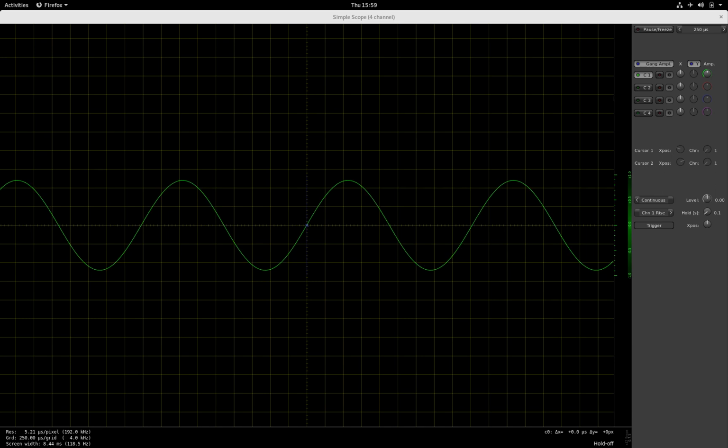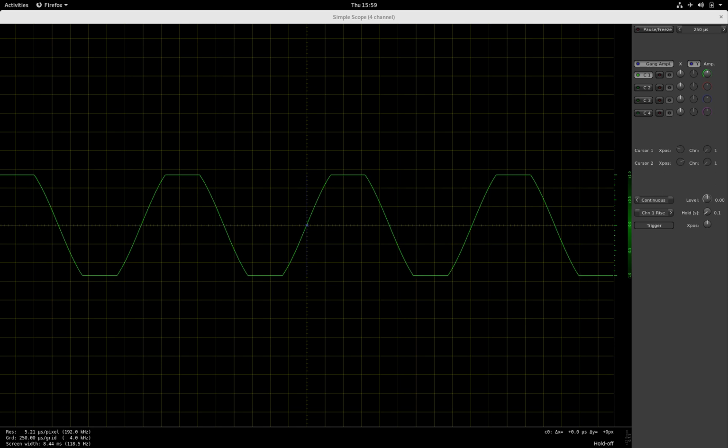And of course I can decrease the gain, which will simply reduce our signal in amplitude, but I can also increase the gain. And as I increase the gain, you will see what happens. As with the overdrive effect, the slope of the signal through the origin will increase as the gain is increased.